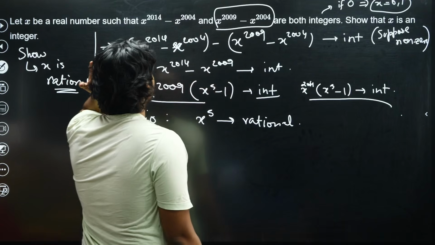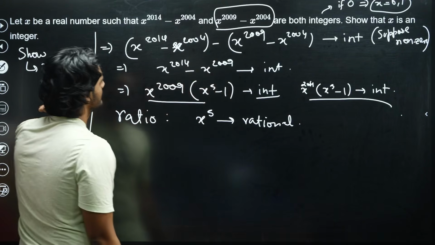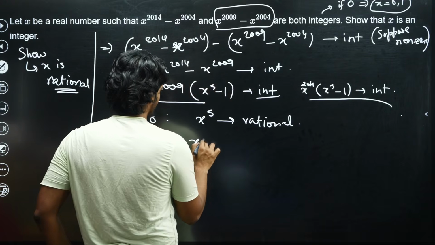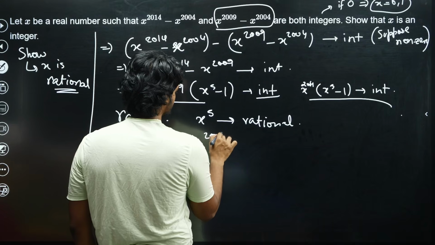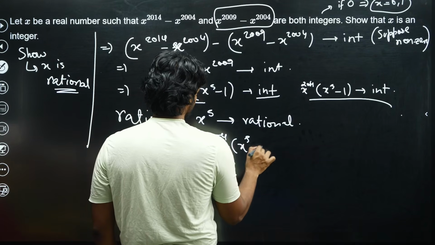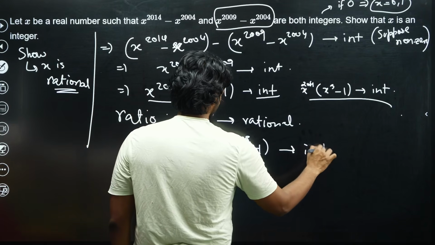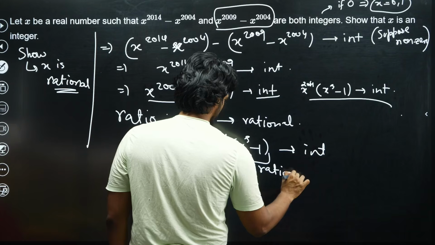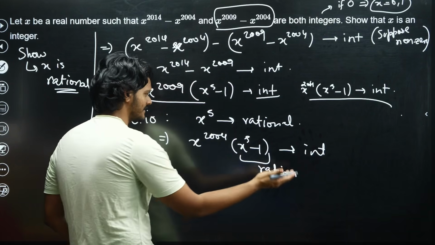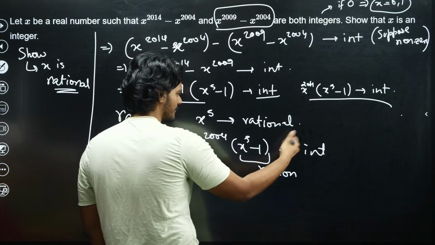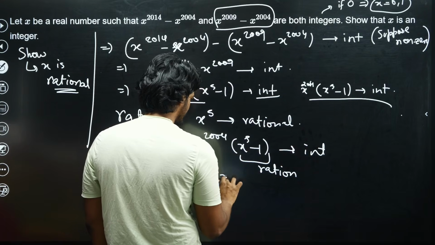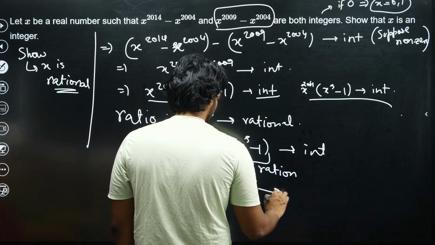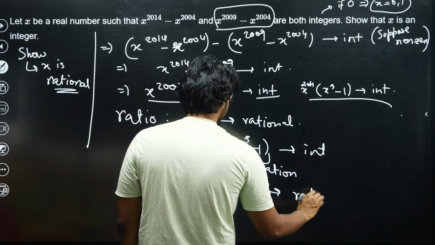If x power 5 is rational, then x power 2004 into x power 5 minus 1 is an integer, and this is rational. So, if I divide the integer with x power 5 minus 1, that would imply that x power 2004 is rational.